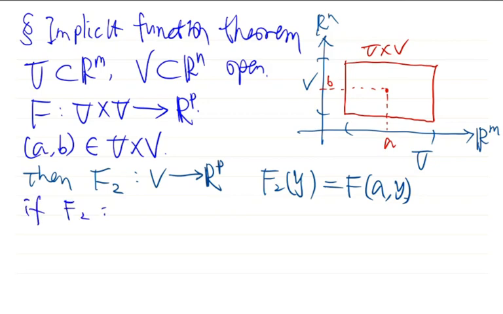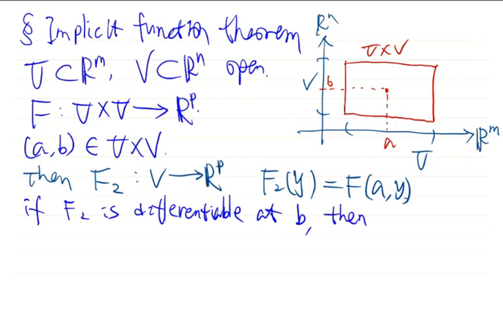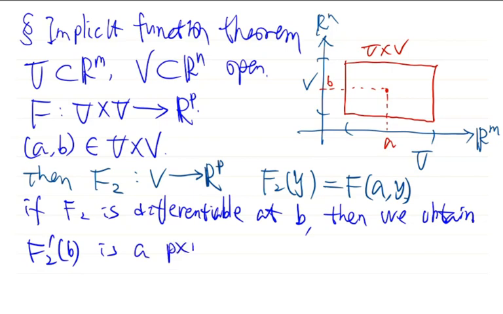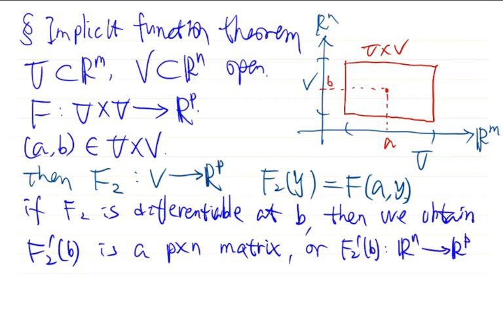If F2 is differentiable at the point y equal to b, then we obtain the derivative of F2, which can be considered as a linear map from Rn to Rp, because y values in Rn and the capital F takes value in Rp.